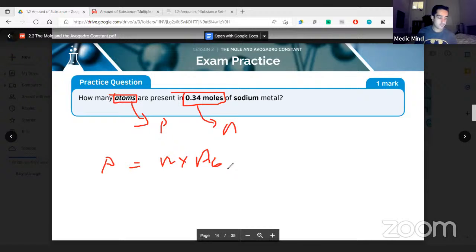So what you do is you do 0.34 times 6.02 times 10 to the power 23, and you get 2.046, this is 2.047 times 10 to the 23 particles. And that's your answer. Easy. Simple as.